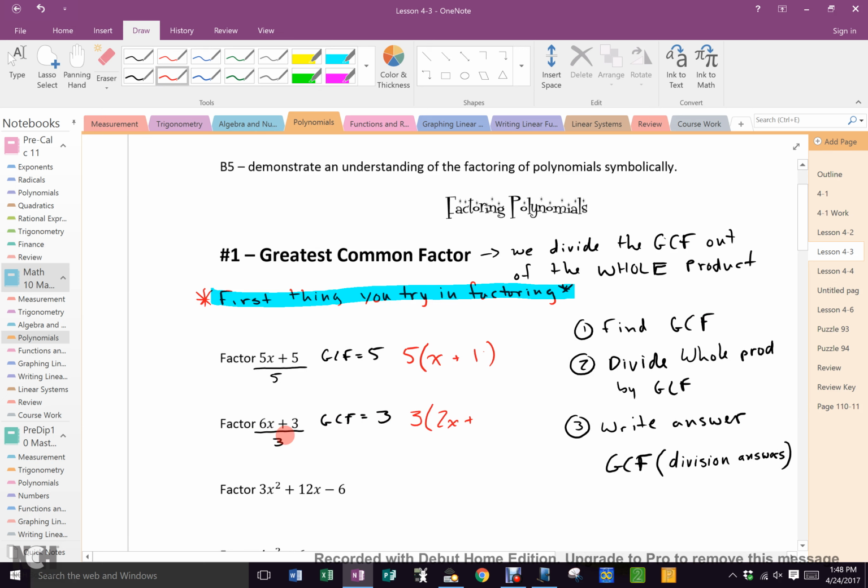What's the answer to the second division? 1. And I'm done. Can I check it? Is 3 times 2 6? Is 3 times 1 3? Easy peasy, right? Do you think anything changes as the exponents get bigger and letters are added? No, of course not. So let's look at this next one.